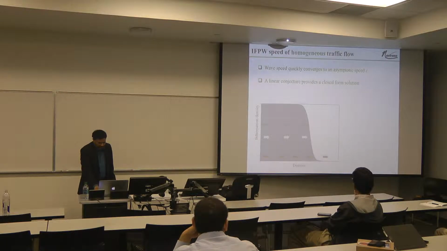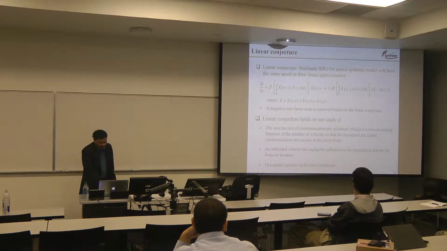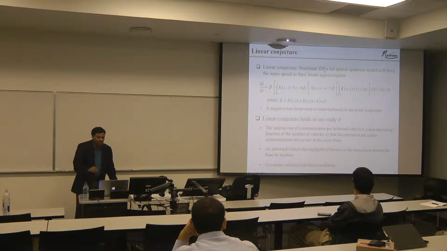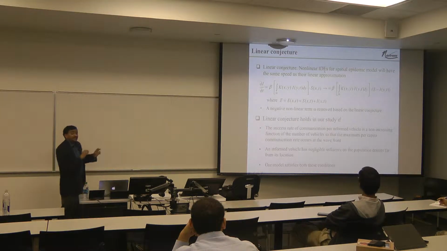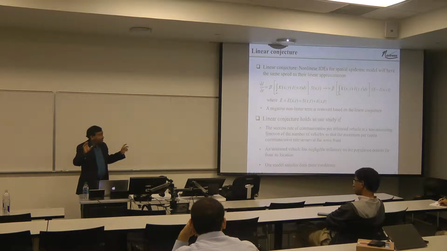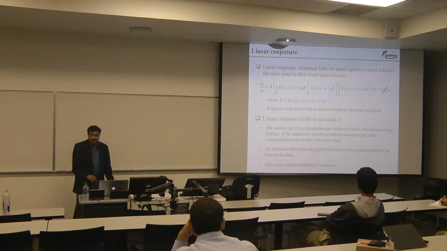The linear conjecture is the following, and I'm not going to talk about this equation specifically. In the domain of epidemiology, because there are nonlinear IDEs, they illustrate that under certain conditions, the linear approximation, which is where this term goes away, applies, and you'll see here that the term associated with the E is invariant with time and space.